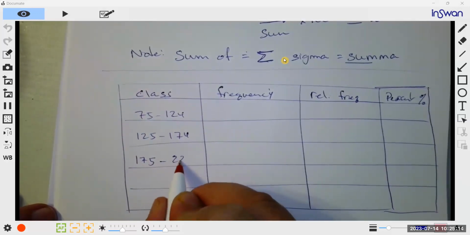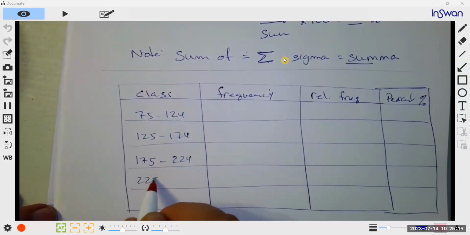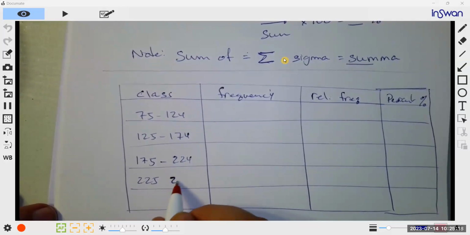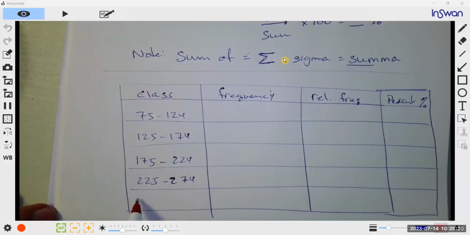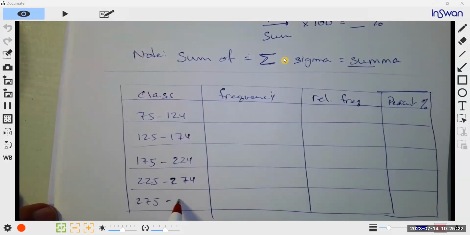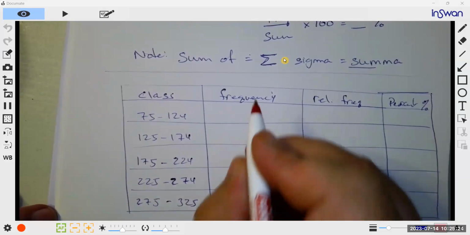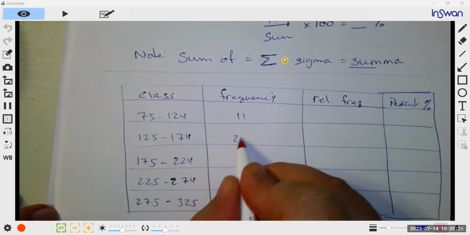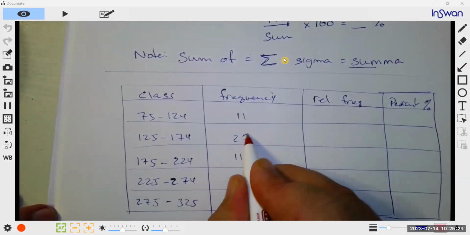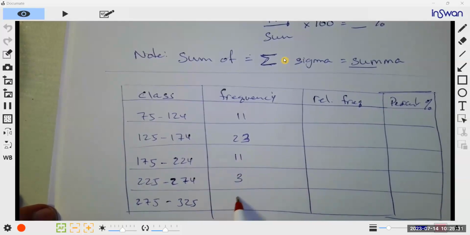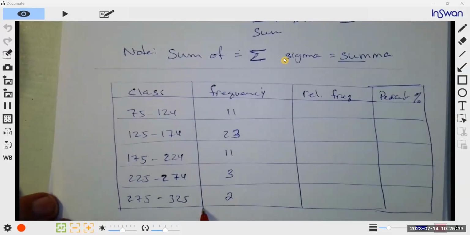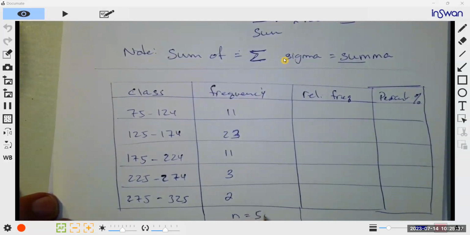Oh well. So we have 11, 23, 11, 3, 2. And we counted all these up. We got 50.